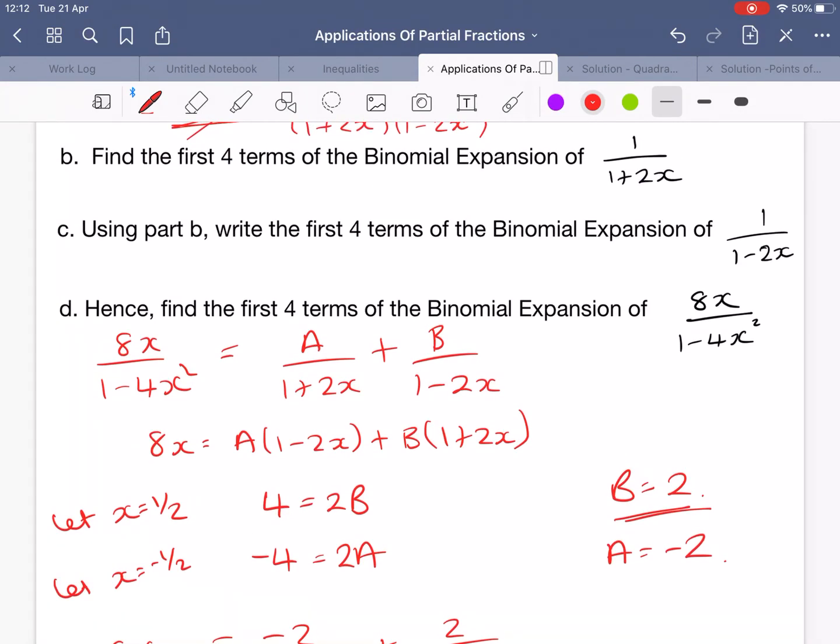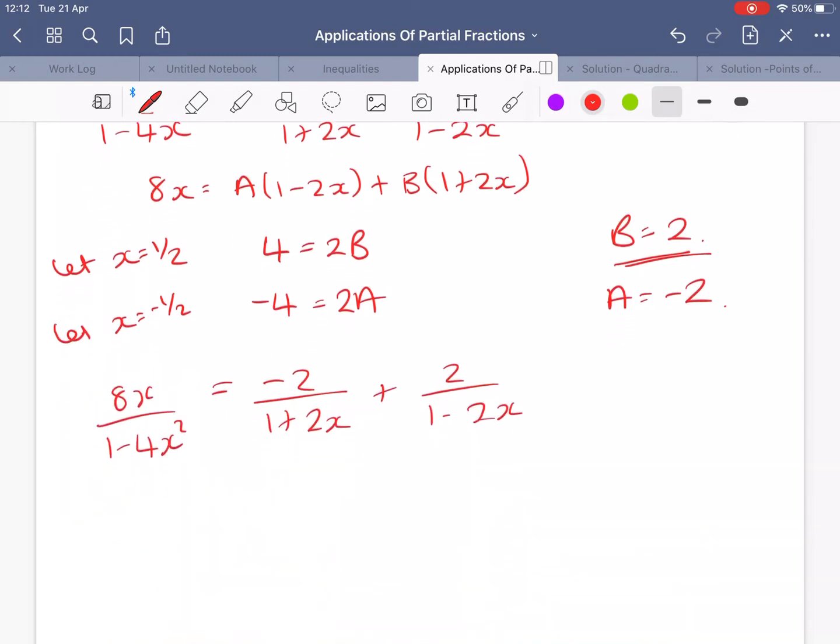Right, part B. Find the first two terms of the binomial expansion of 1 over 1 plus 2x. Well, I always write this as 1 plus 2x to the minus 1 because the 1 plus 2x is in the denominator.